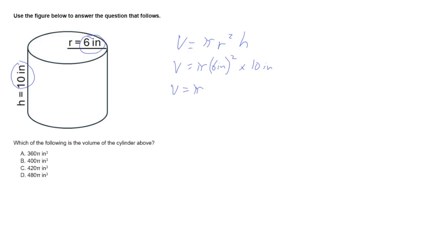Now 6 times 6 is 36 inches squared times 10 inches. Our volume equals 36 times 10 is 360 times pi inches cubed, because we had a square here and then this is kind of like inches to the first power, so now we're in cubed. So our answer is A, 360 pi inches cubed. Great job.